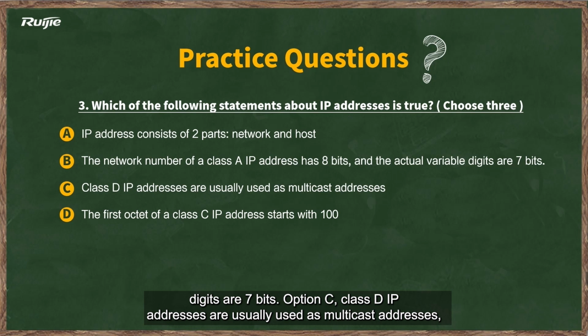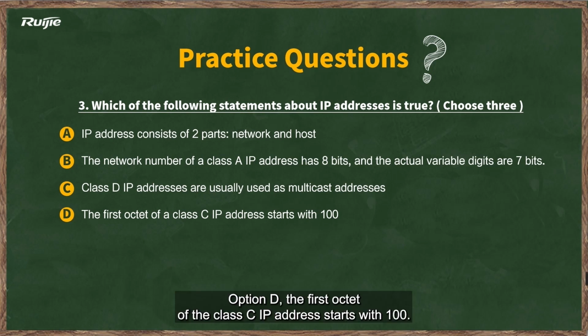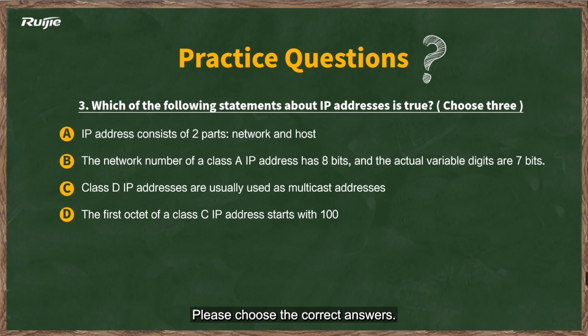Option C, class D IP addresses are usually used as multicast addresses. Option D, the first octet of a class C IP address starts with 100. Please choose the true answers. That's all about this part.